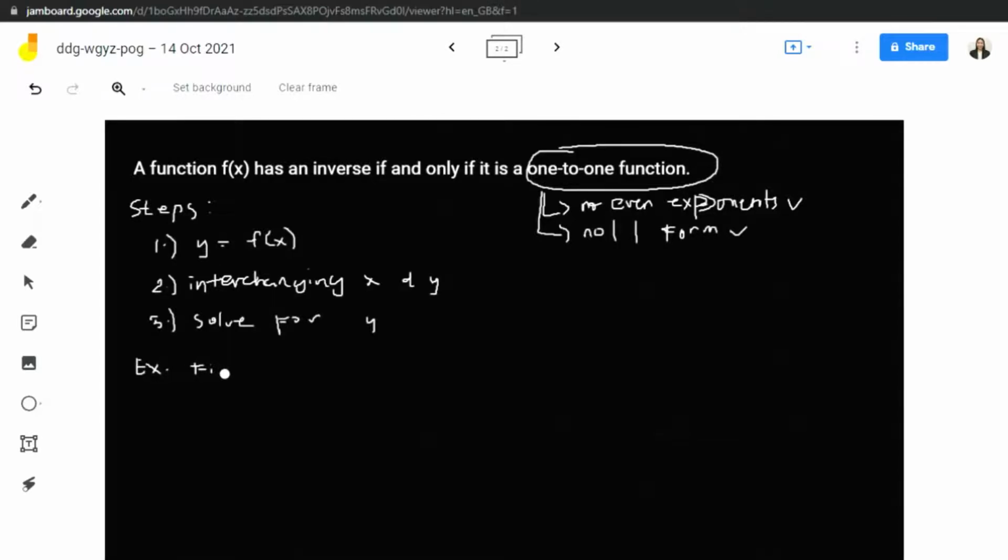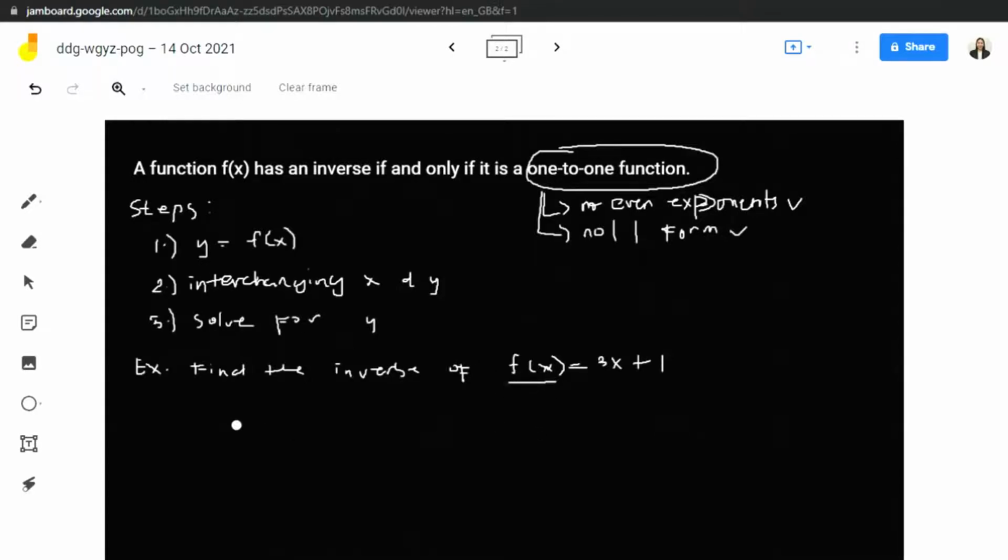Find the inverse of the function f of x equals 3x plus 1. So first step, we write the function into y equals f of x.